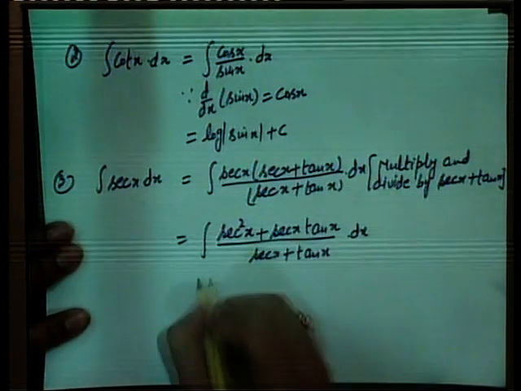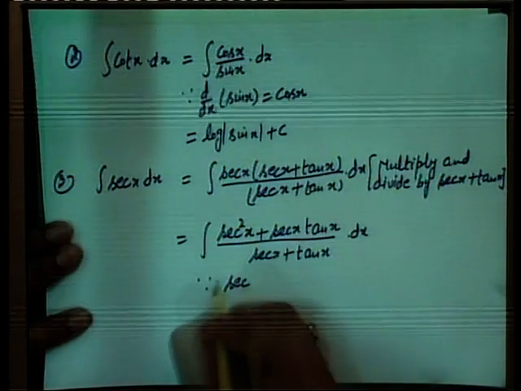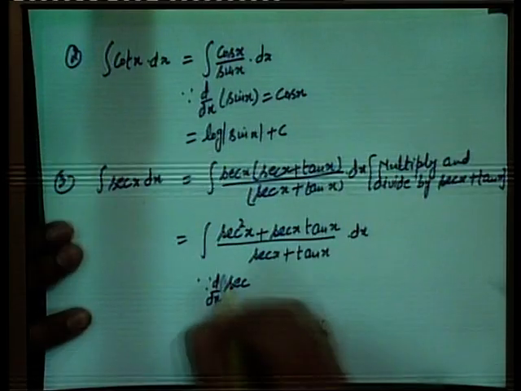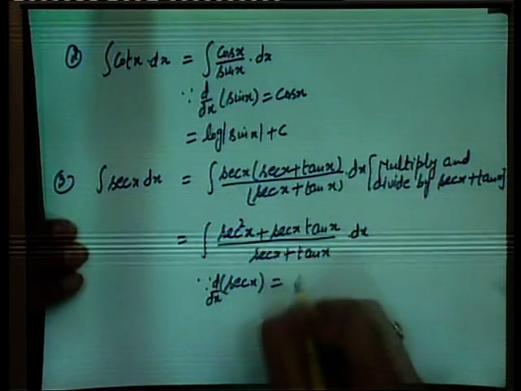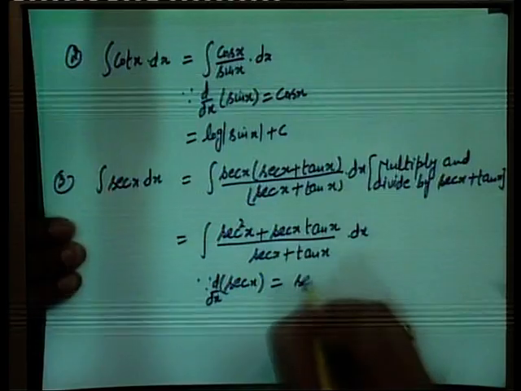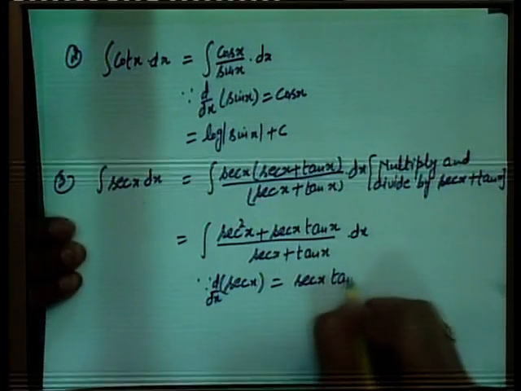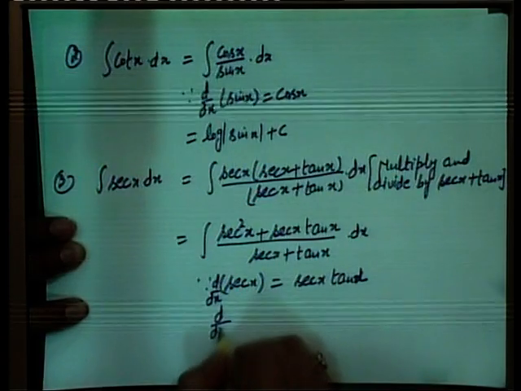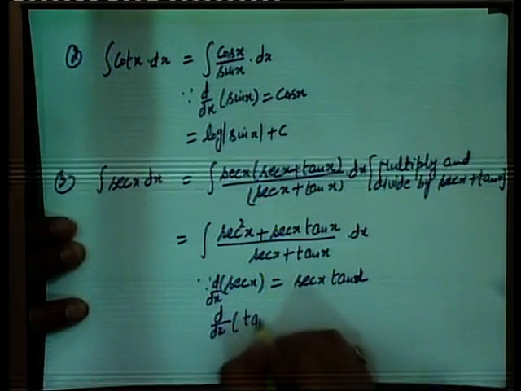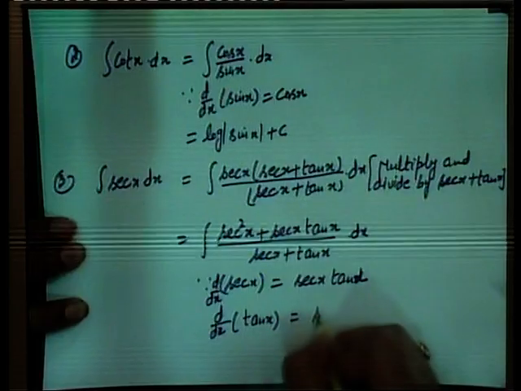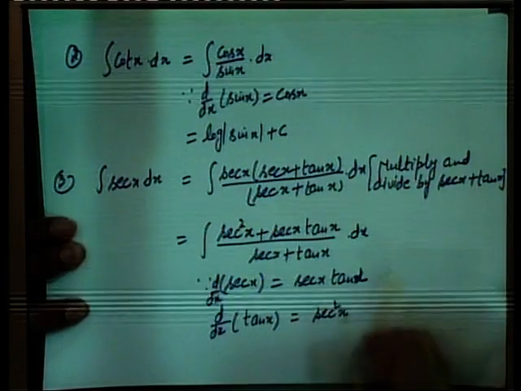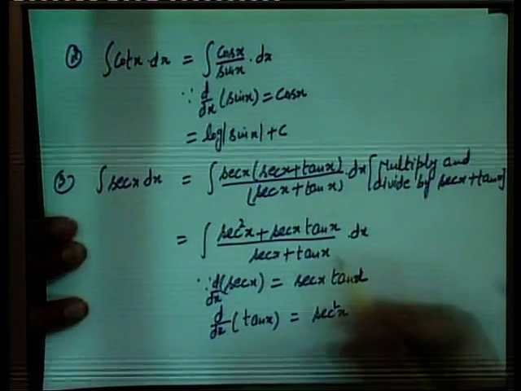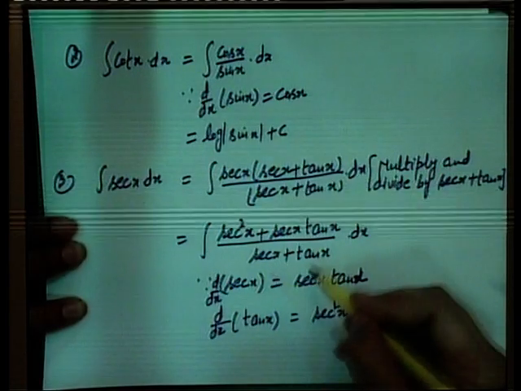Now, the derivative of secant x we know is secant x tangent x, and the derivative of tangent x we know is secant square x. In the denominator we have the function secant x plus tangent x.